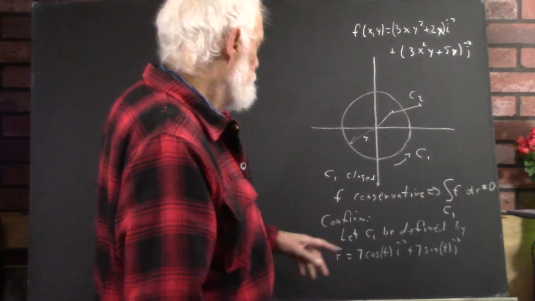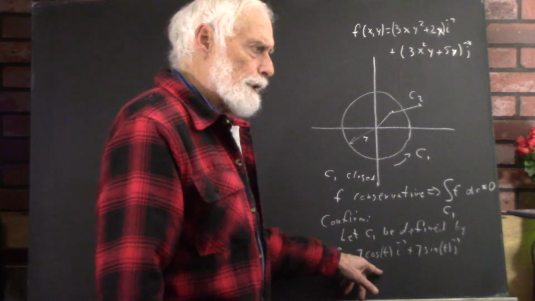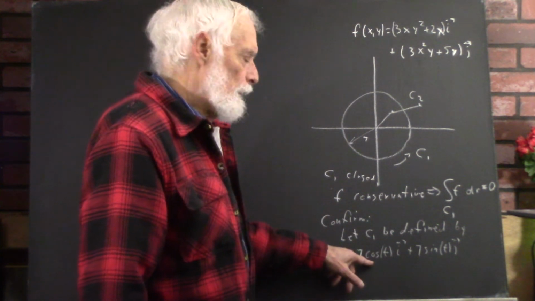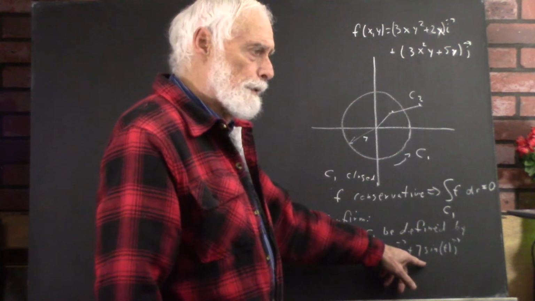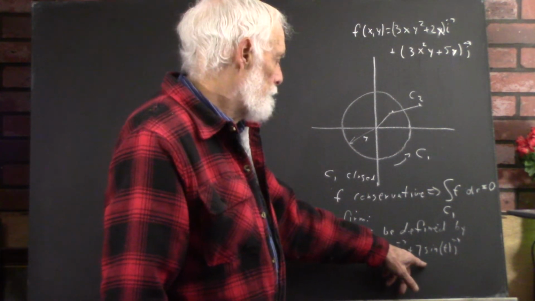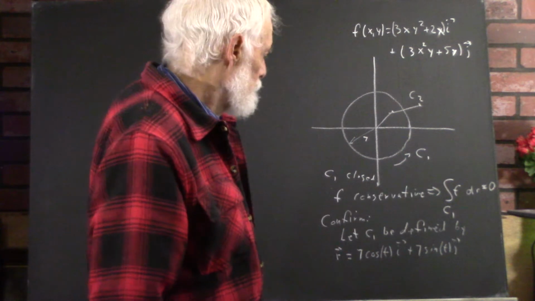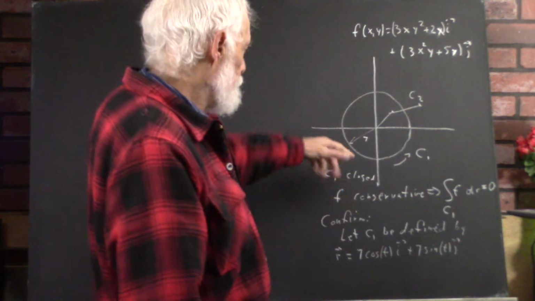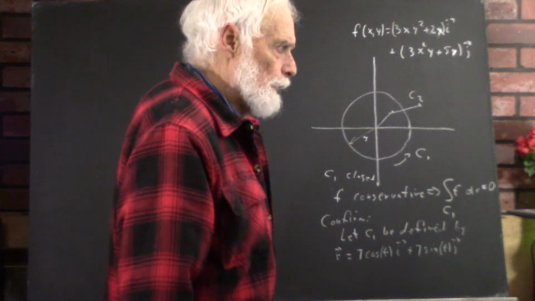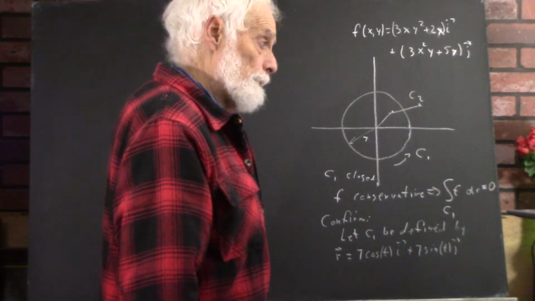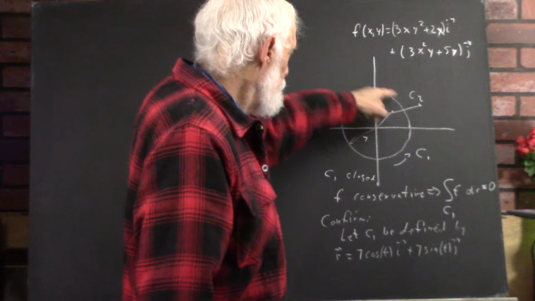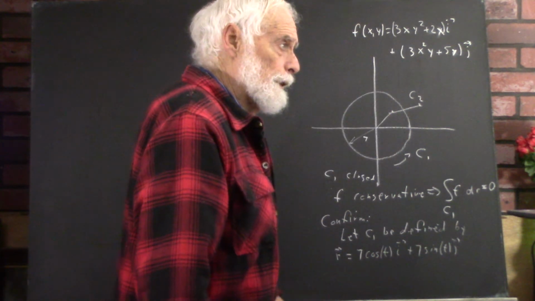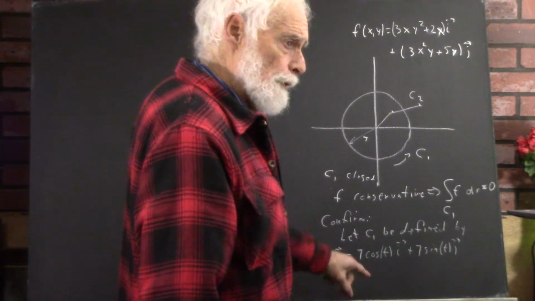So we can easily verify that the x component, or the i component, squared plus the j component squared is 49. So x squared plus y squared is 49. And that's the equation of a circle of radius 7 and oriented in the counterclockwise direction. So I'm not going to go over the details of that.